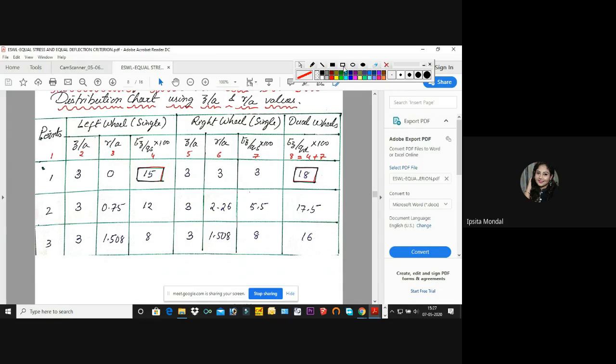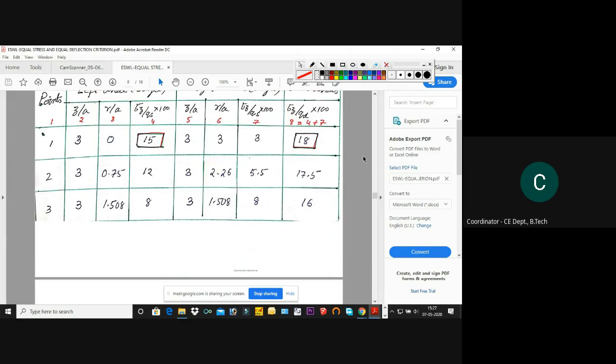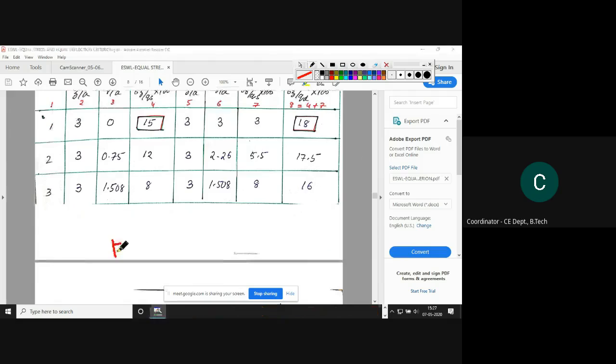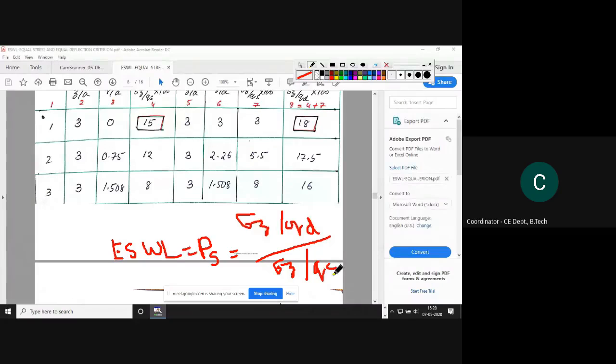Yes, ma'am. Okay. Now see, what was the formula? Remember the formula for finding ESWL? ESWL, that is P S, the single wheel load, using this equal stress criterion, is sigma z by q d divided by sigma z by q s, the stress factor for dual combination over the stress factor for single combination, into the dual wheel load.